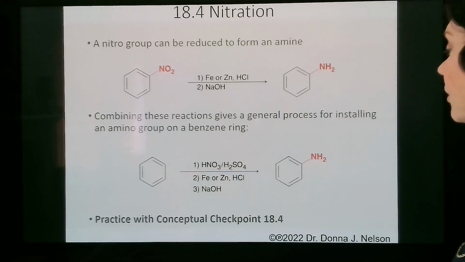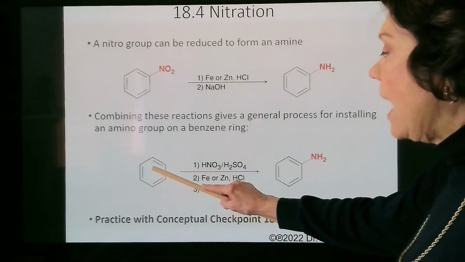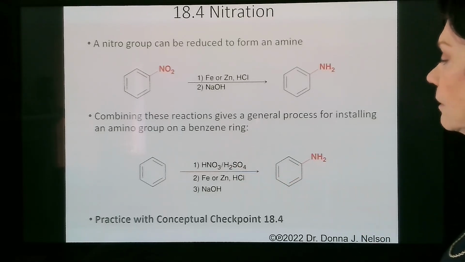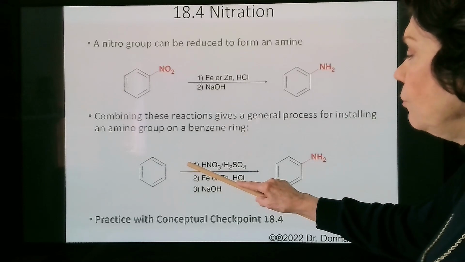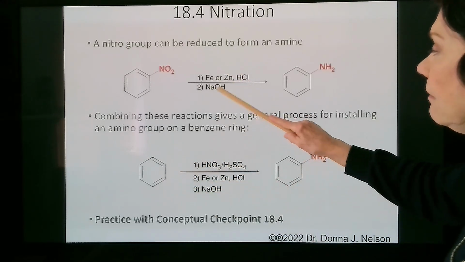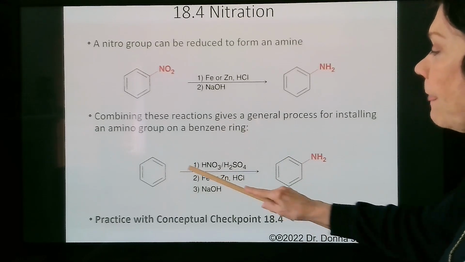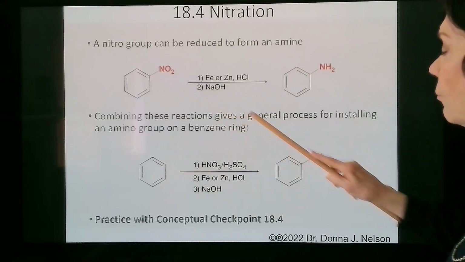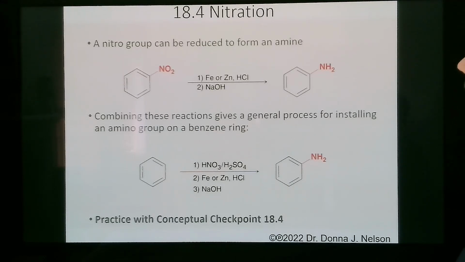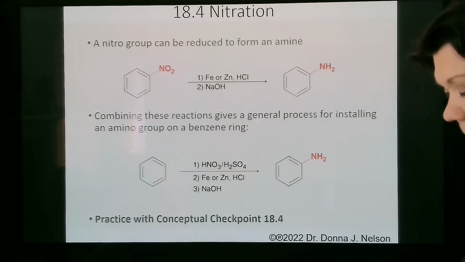Combining the reactions gives you a way to actually put an amino group on a benzene ring. So first you nitrate the benzene ring, and then using these two steps up here, you reduce the nitro group to the amino group.